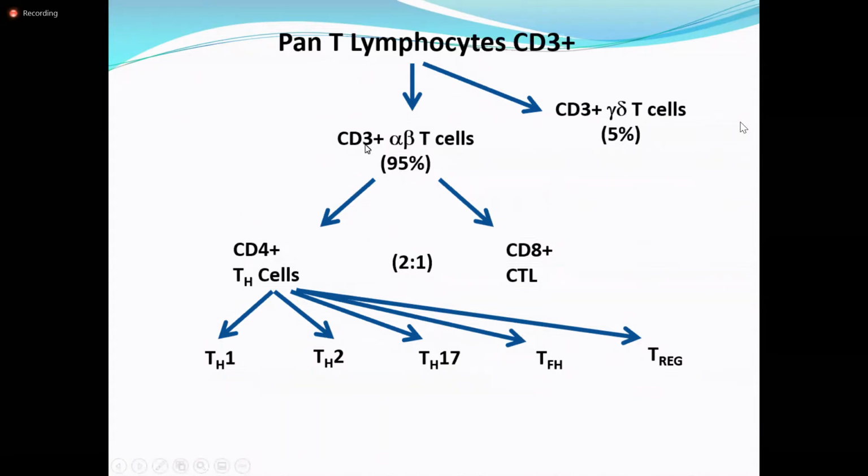Within the CD3 population, we have the CD4 cells, which are class 2 MHC restricted, and the CD8 cells, which are class 1 restricted. And as I said, within the T helper cell CD4 subset, we have Th1, Th2, and Th17 cells, as well as the T regulatory cells.